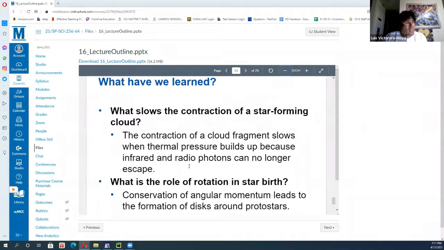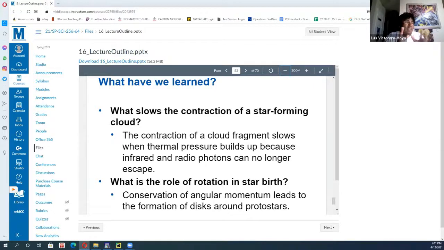What slows the contraction? What's the role of rotation? The conservation of angular momentum. All right. Remember, to slow the contraction, you need to have pressure building up. So you need to have trapped energy, trapped infrared or radio photons inside, so they cannot escape.